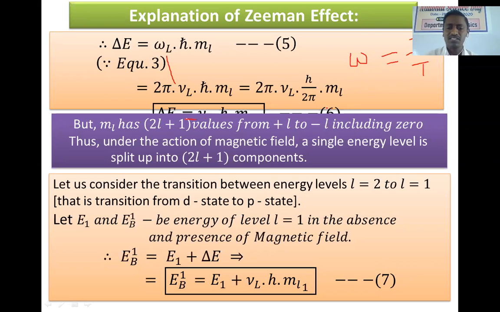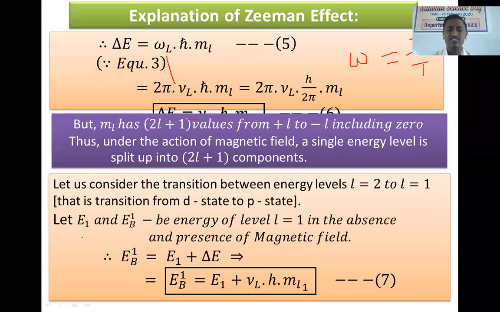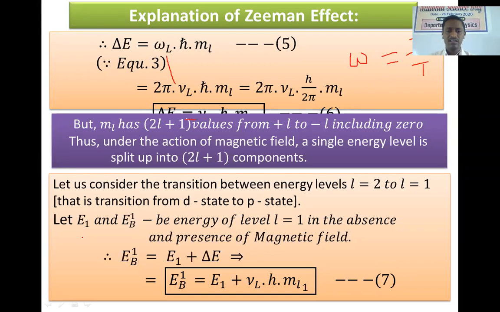Now for the present case, we can imagine E1 as the energy of the energy level L equals 1 in the absence of a magnetic field, and after the application of the magnetic field, as we know, the electron's angular velocity increases, it gets some interaction energy, and therefore the energy of the energy level in presence of the magnetic field will be EB1.